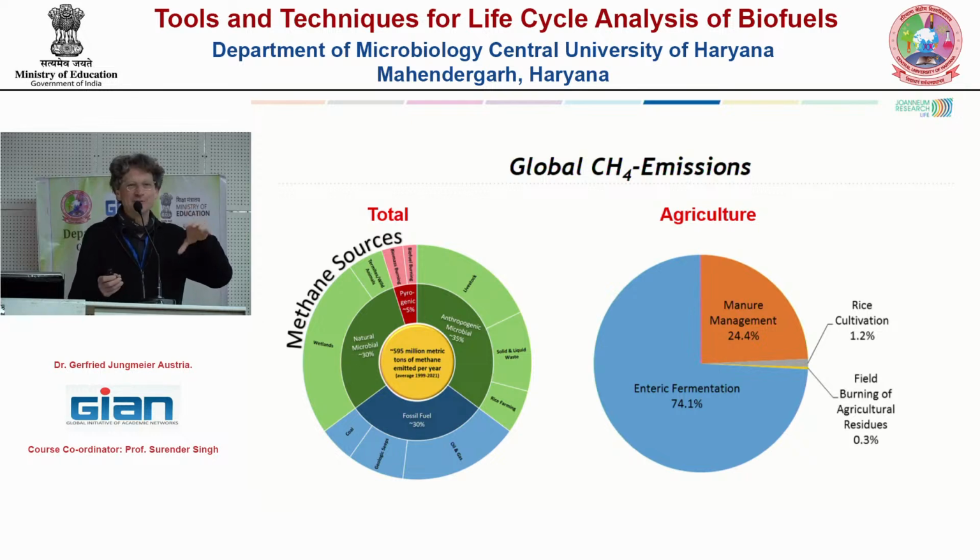I don't know the English word, but their digestion needs much eating, and they have to chew it again and again, and they produce much methane on both sides of the cow. Methane is coming out, and then also in the manure management you have this uncontrolled methane formation, because it's wet material, and in that wet material you have anaerobic areas where methane is emitted.